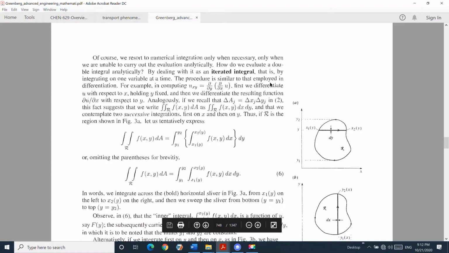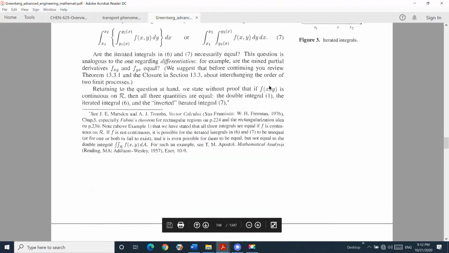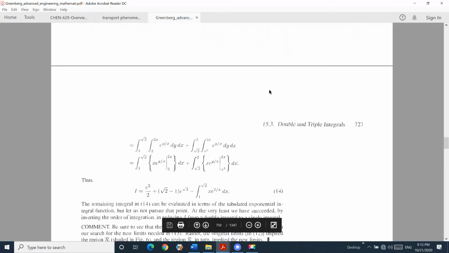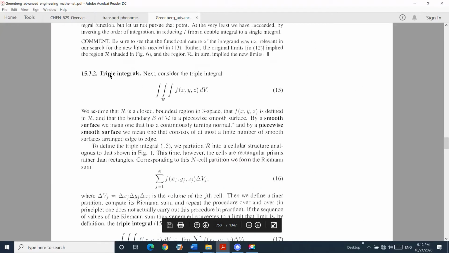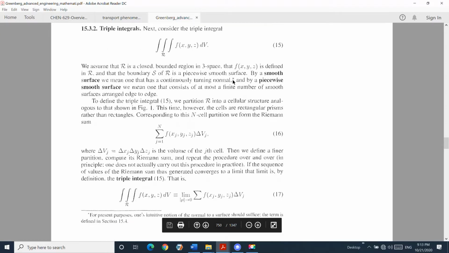So when we continue, in the examples, we are here on section 15.3.2, triple integrals. Similar to the double integral in R, we represent it by this formula.